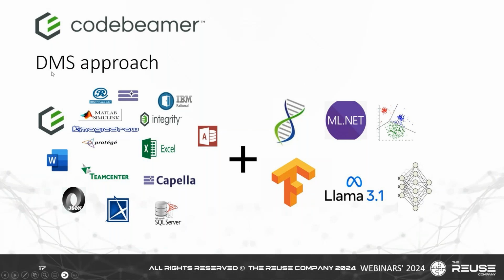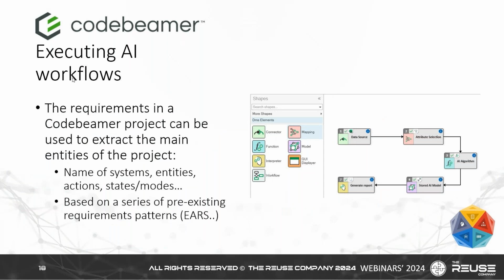This tool in our ecosystem of tools is called DMS, Decision Management System. So one of the scenarios that I will present to you today is to use this artificial intelligence for the extraction of content for the ontology. I mentioned the ontology.